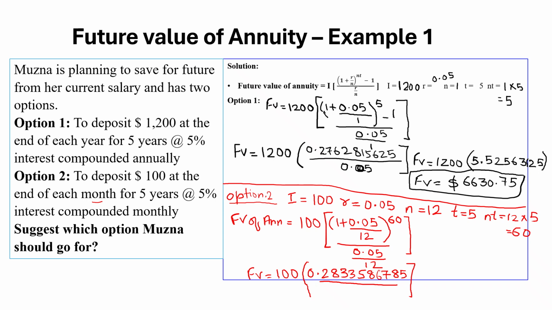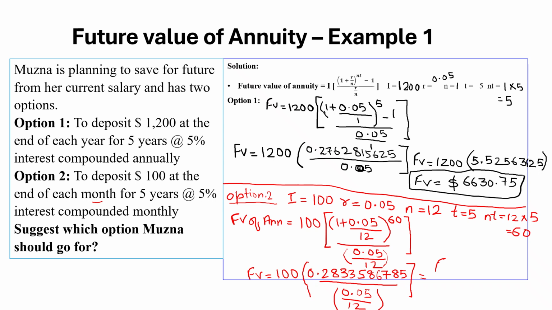Now take this into bracket, keep this in bracket. Then calculate the same amount, divide it by 0.05 divided by 12, make it in the bracket. So when you calculate, you will get the answer.